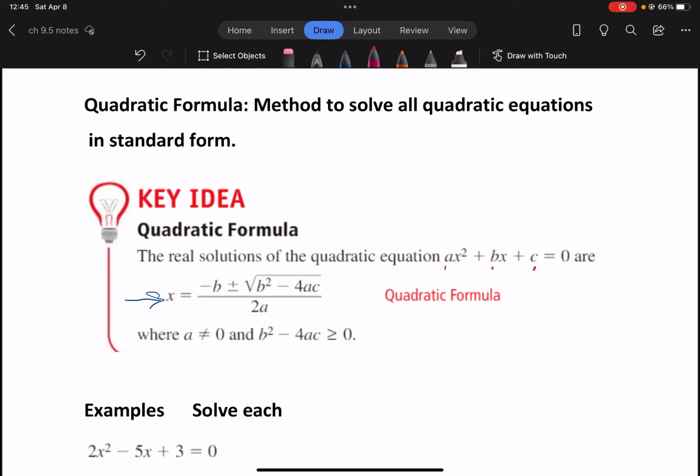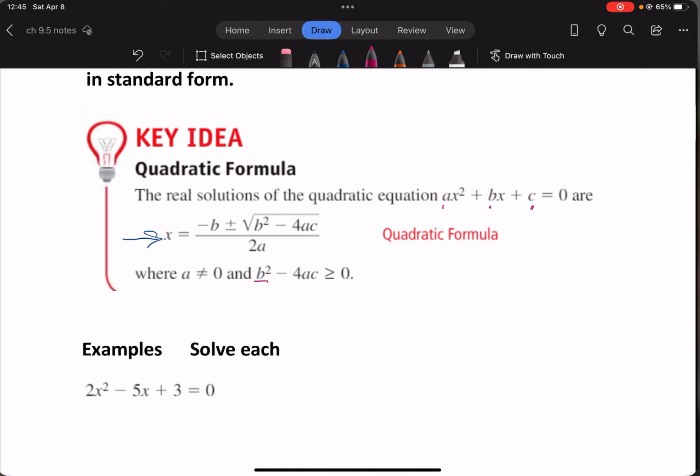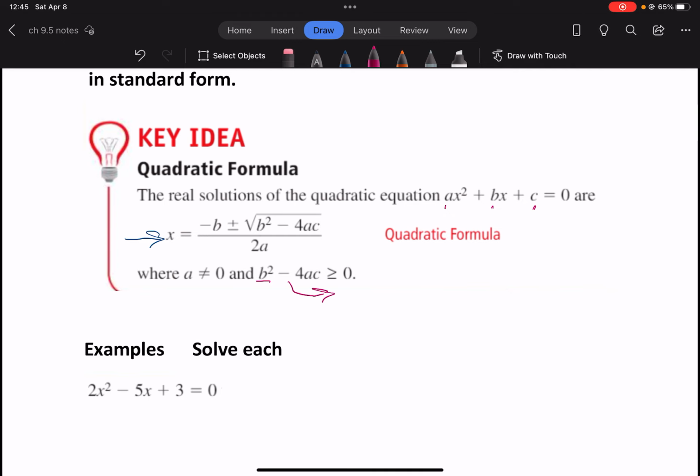So let's go ahead and talk about certain things here. One thing I want to look at first, before you even get into this, is b squared minus 4ac. This is called the discriminant.